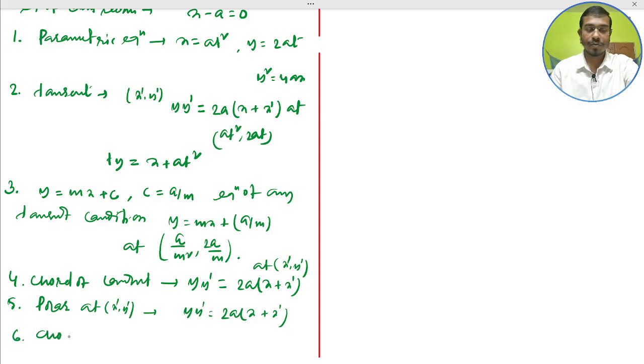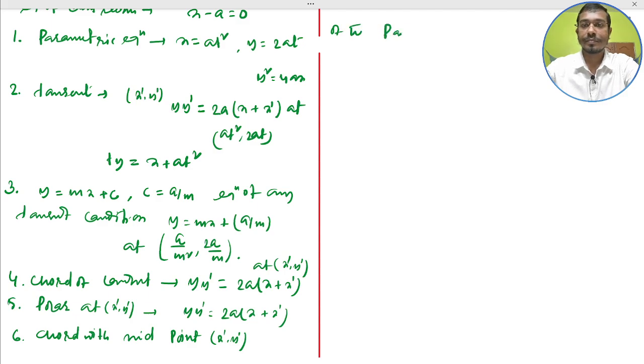Next, the chord with midpoint x dash, y dashed of the parabola.